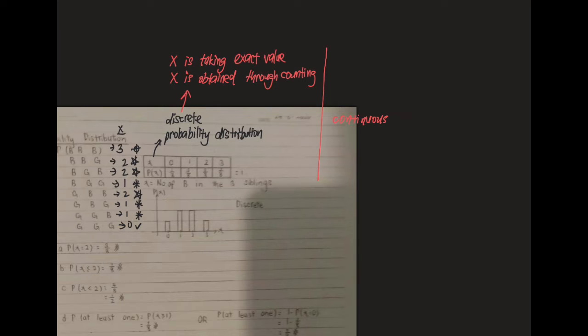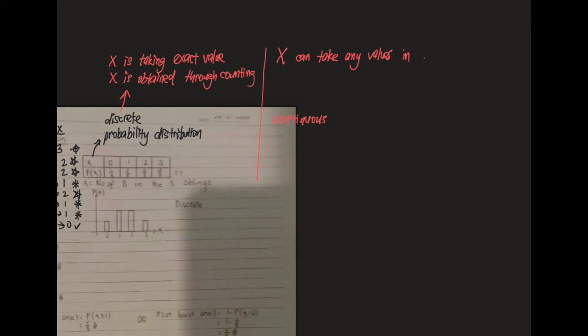For example, x can take any values in an interval. So it can take a decimal number also, it can take the integer, it can take the decimal number.